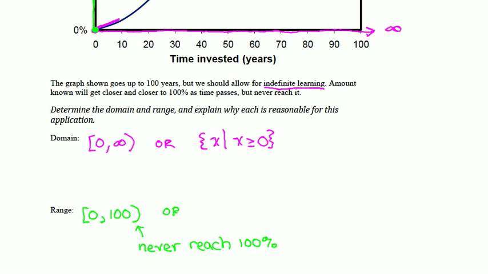Or we could do this in set builder notation as the set of all y such that 0 is less than or equal to y, which is in turn less than, strictly less than, 100. So the never quite reaching 100% is indicated both by the strict inequality here and by the round bracket on our interval notation.